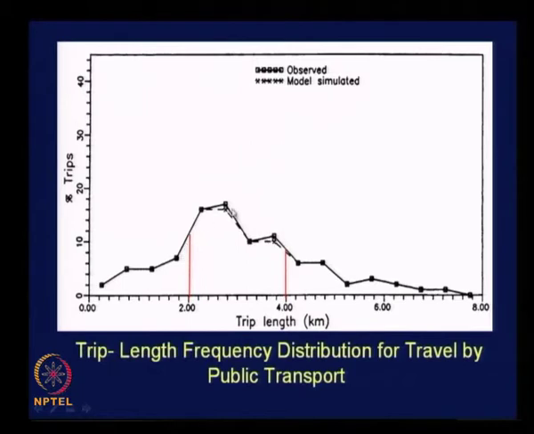You can find almost perfect matching except for a minor deviation in this stretch, and this was finally accepted as the final value. Subsequent iterations led to more separated curves. So this was identified as the point of convergence, and this was found to be the correct calibration result, okay.